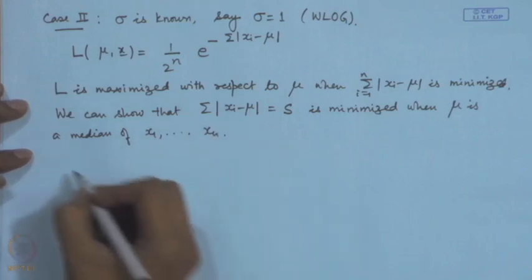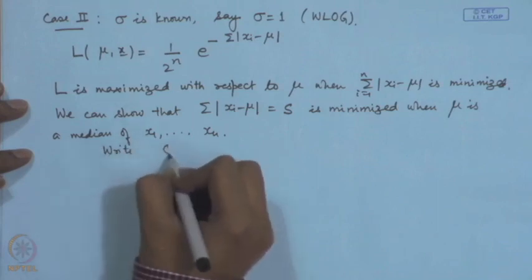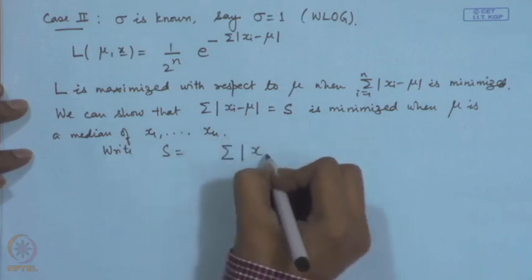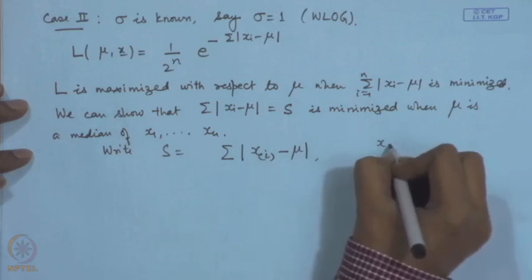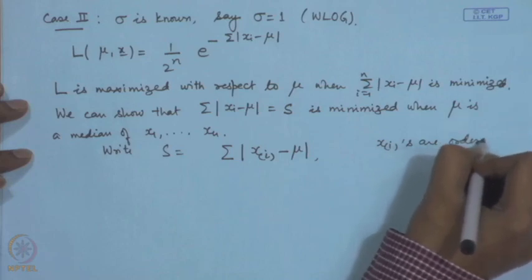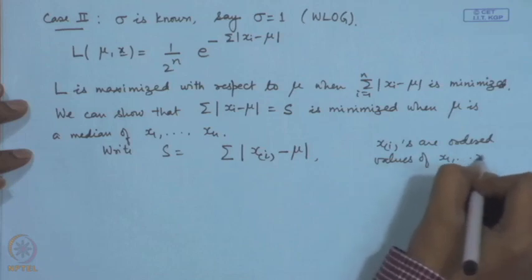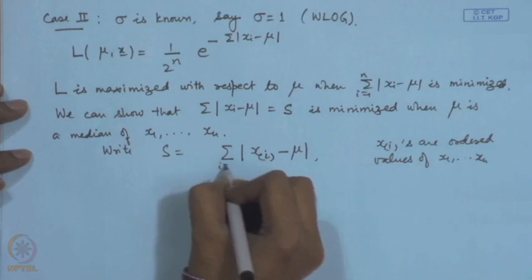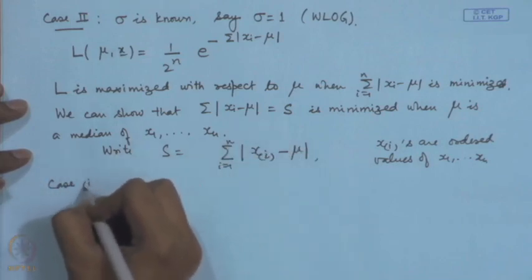Let me consider two cases. So, we write S as sigma, and in place of the x_i's we consider the ordered values of x_1, x_2, ..., x_n. That means, x_1 is the minimum, x_2 is the second minimum, and so on as before. Now, we give argument in two cases.